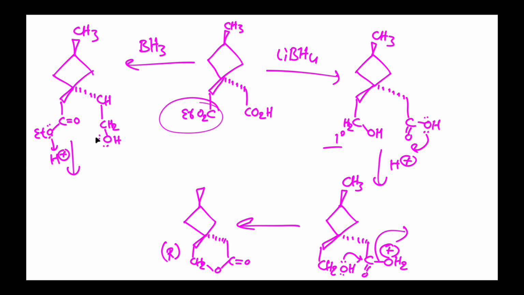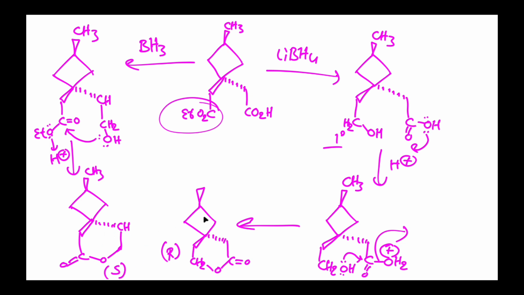Then the oxygen lone pair on the alcohol moves towards the carbonyl group. Cyclization takes place, and the compound S is formed.